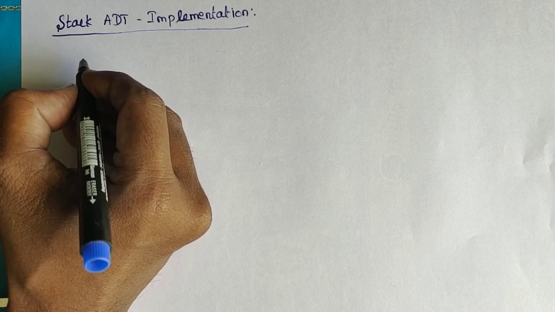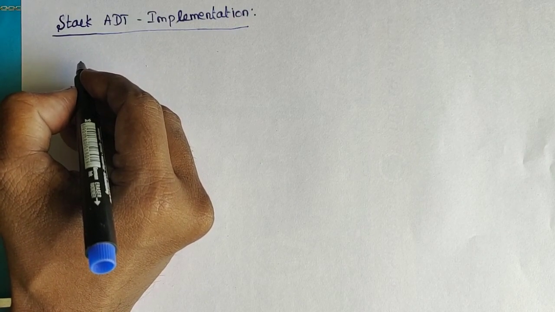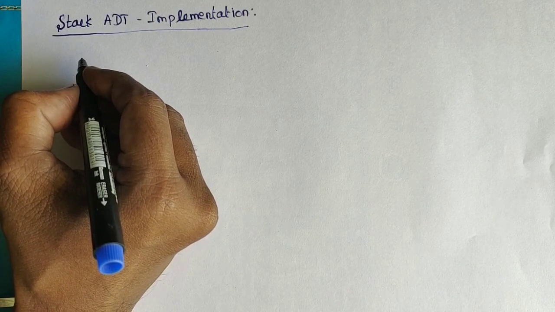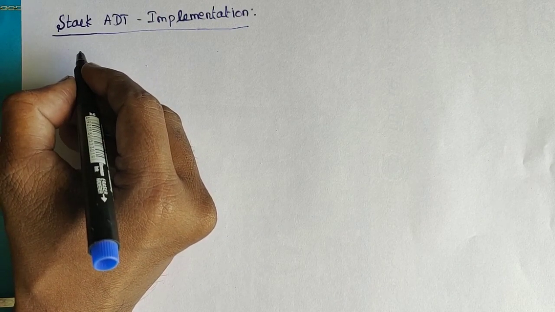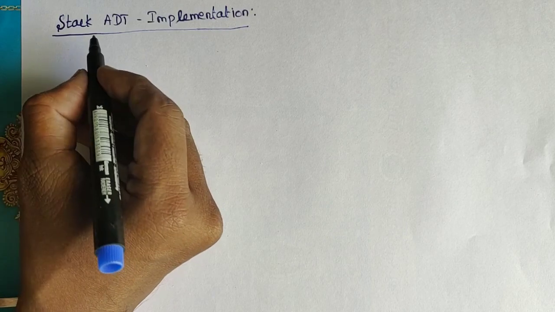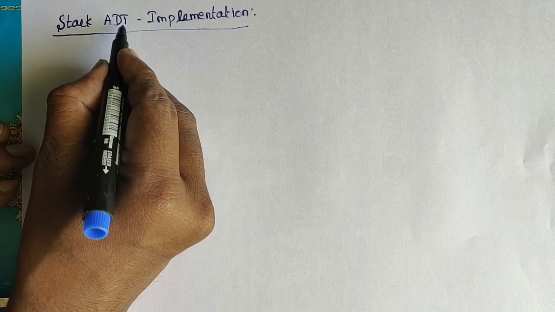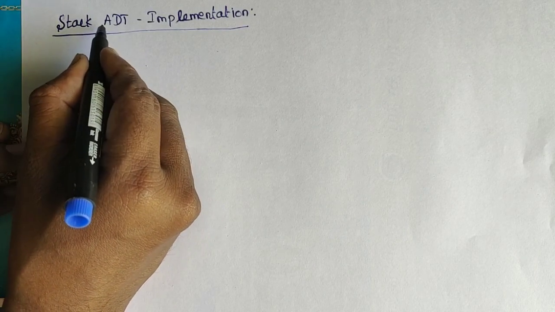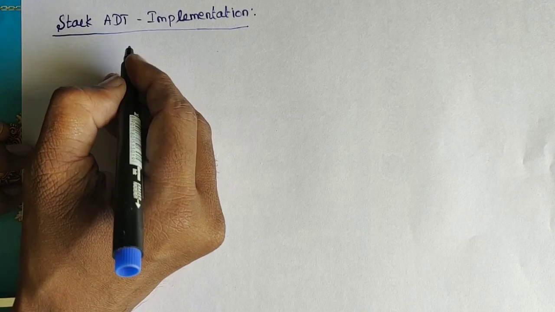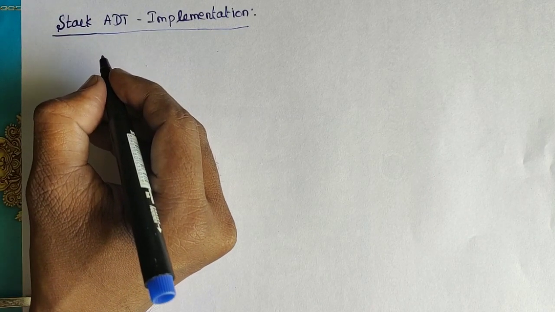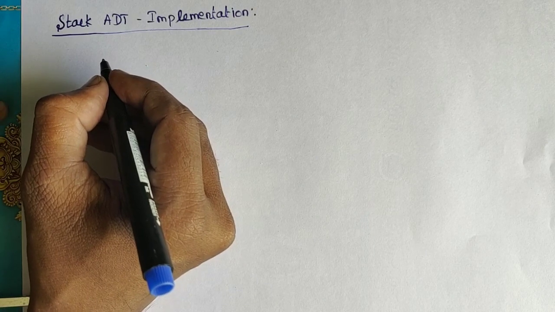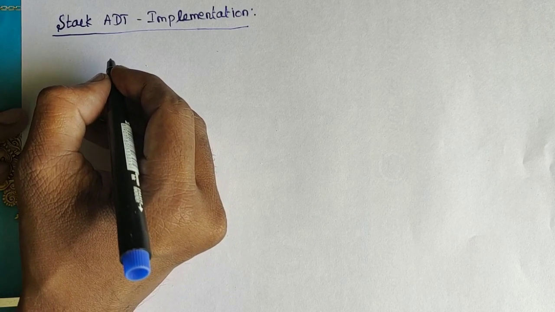Why do we choose the C++ language? In any language, C, Java, C Sharp, you can implement it. But it is better if you want to implement the stack as an abstract data type. So we need the concept of classes, that is, the object oriented programming concept.